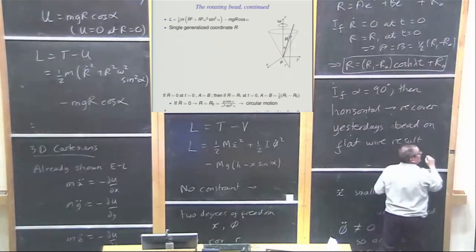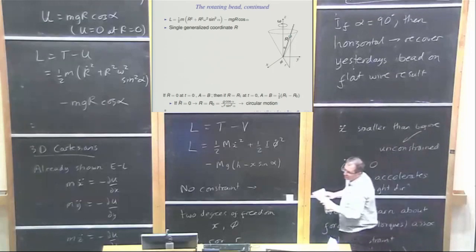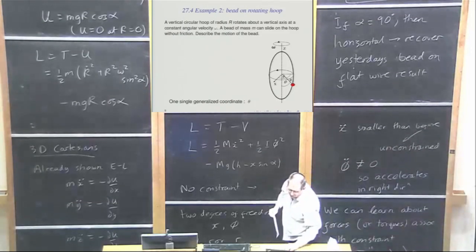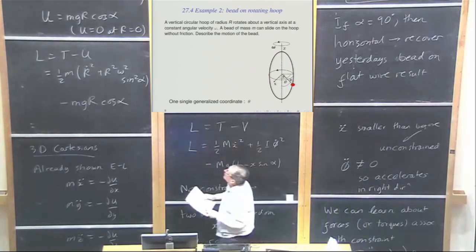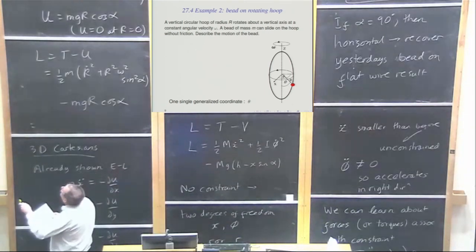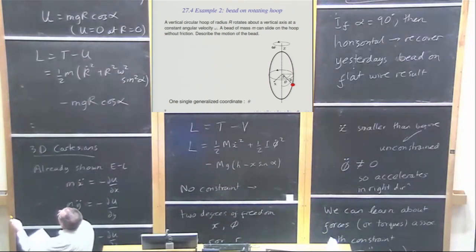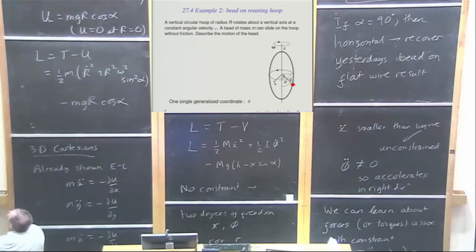Okay. Now I want to look at one other case, which is putting a bead on a rotating hoop. So this is a hoop which is there, and the hoop is spinning, and the bead can move on this hoop. So the consequence is that the bead is constrained in r, so r won't be varying in this case, but theta can certainly vary.